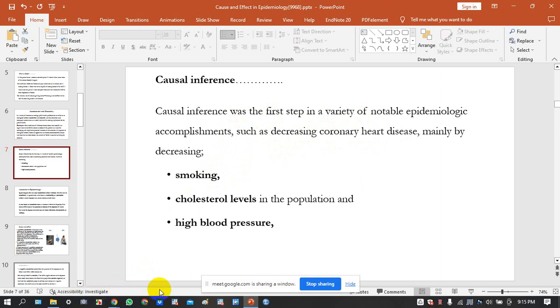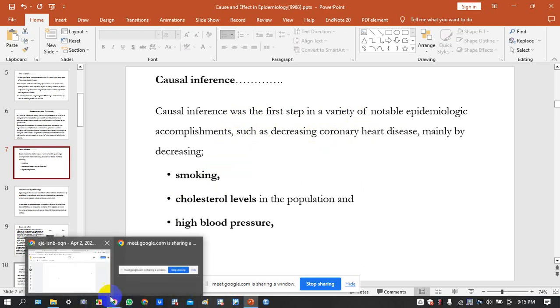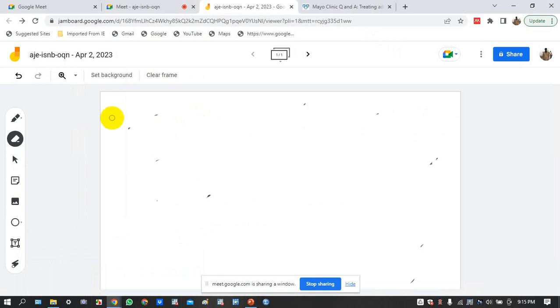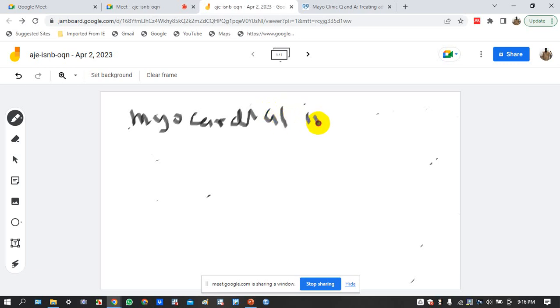Or it leads to myocardial infarction. Coronary heart disease leads to what? MI. It leads to myocardial infarction. You know, when we talk about coronary heart disease, it is caused by hypertension, uncontrolled blood pressure.